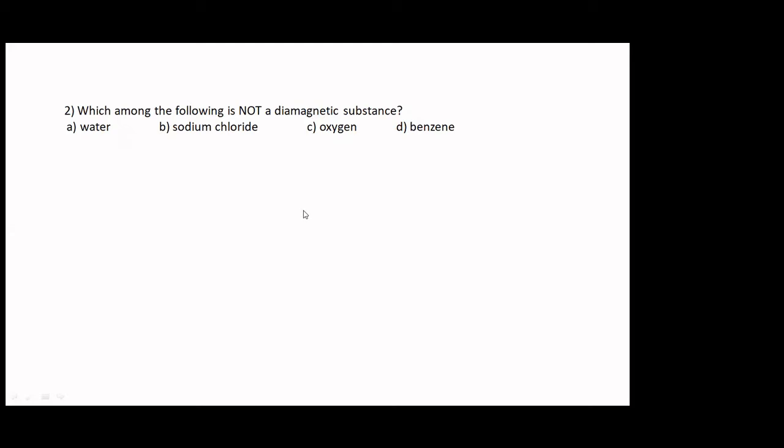Next one is this. The ratio of packing fraction of FCC, BCC and simple cubic is. For that you should have a fair idea of the packing fraction for FCC, then BCC, and then simple cubic. This is around 74%, this is around 68%, and this is around 52%, isn't it?